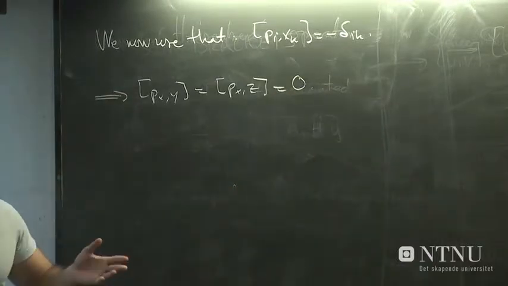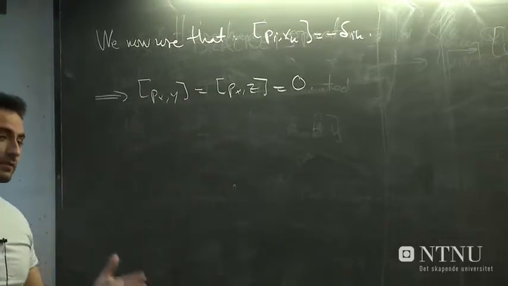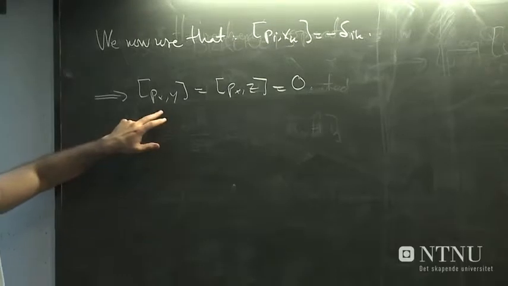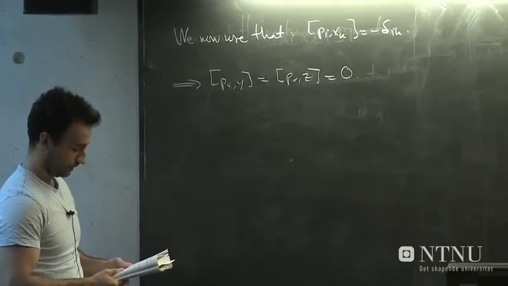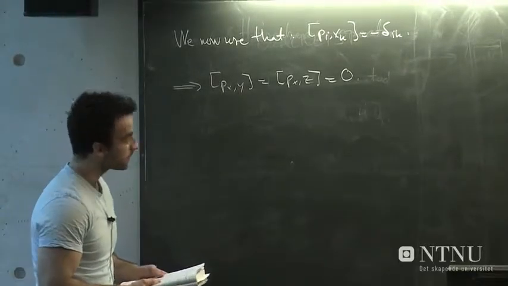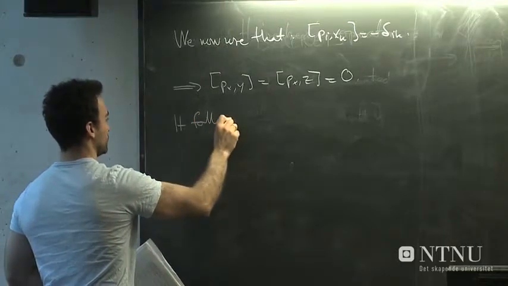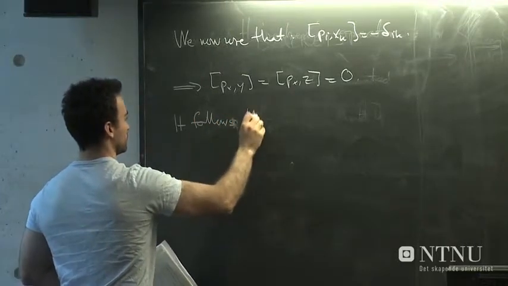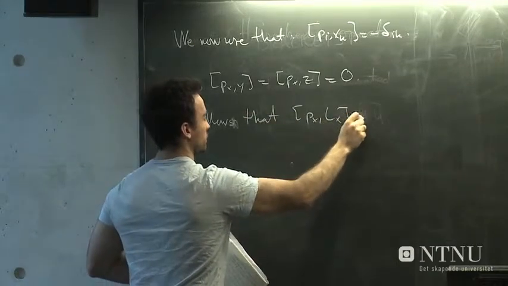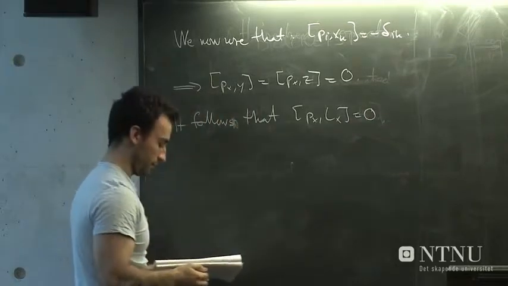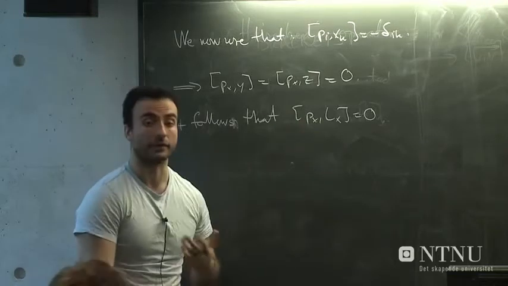And since it's the Kronecker delta, we know immediately that these two Poisson brackets have to be 0, since we have different components of the momentum and the position vector. So it actually follows that the Poisson bracket of px and Lx is equal to 0.